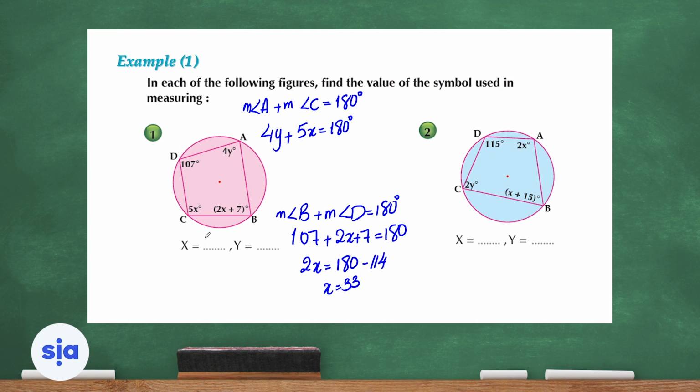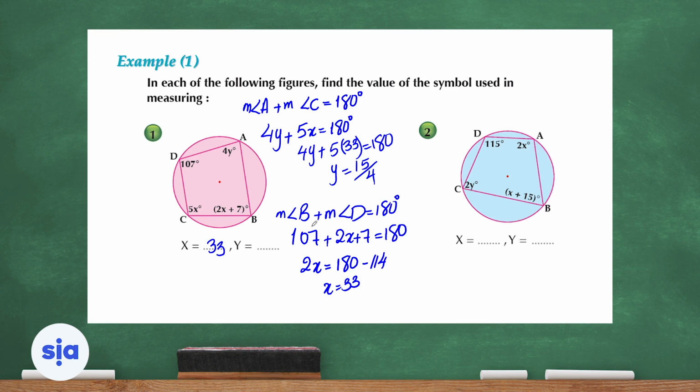After you get the value of x, which is 33, you go and try to find y. So you substitute x by 33, and you will see that y equals 15 over 4.